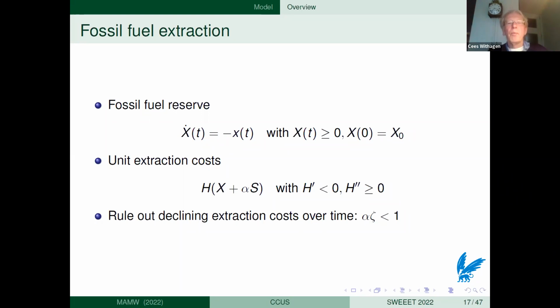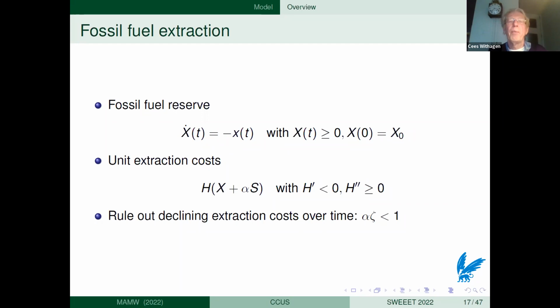Okay, so now you could maybe think of lowering the cost by inserting more and more CO2. This is something we are going to exclude. You know that the increase in H, the increase in the extraction cost, depends on the increase in X and the increase in alpha S. As the increase in S is at maximum lowercase s, which is equal to zeta times X, we assume that alpha times zeta is smaller than 1.